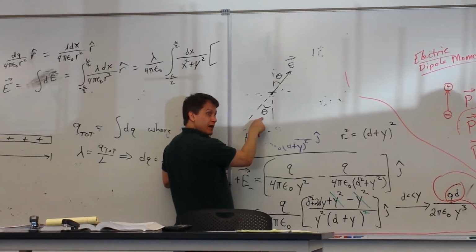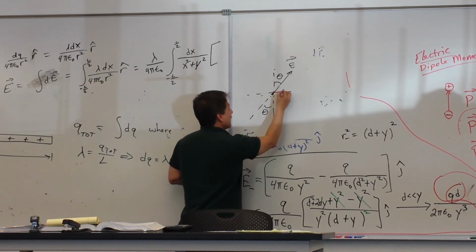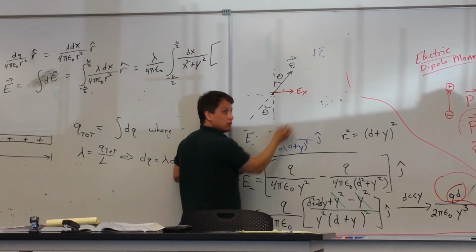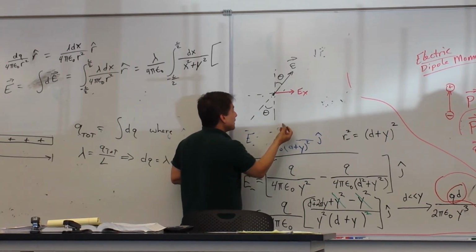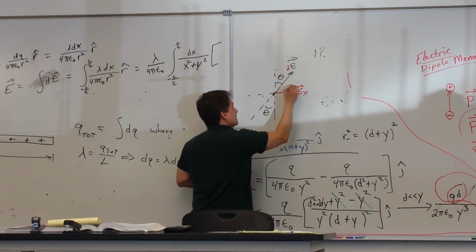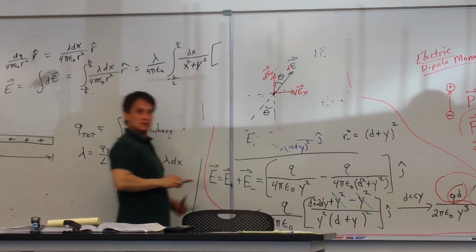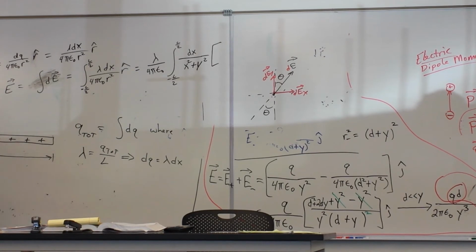So if I can define this angle in a useful way, I can calculate the x component, or the dEx, and the dEy component at that particular location, based on the orientation of the angle, and using something to do with the dimensions.